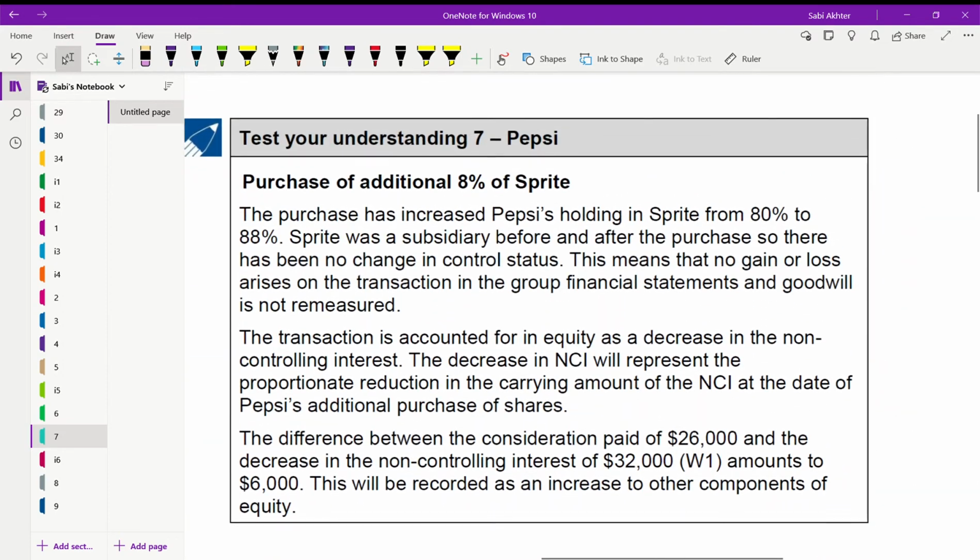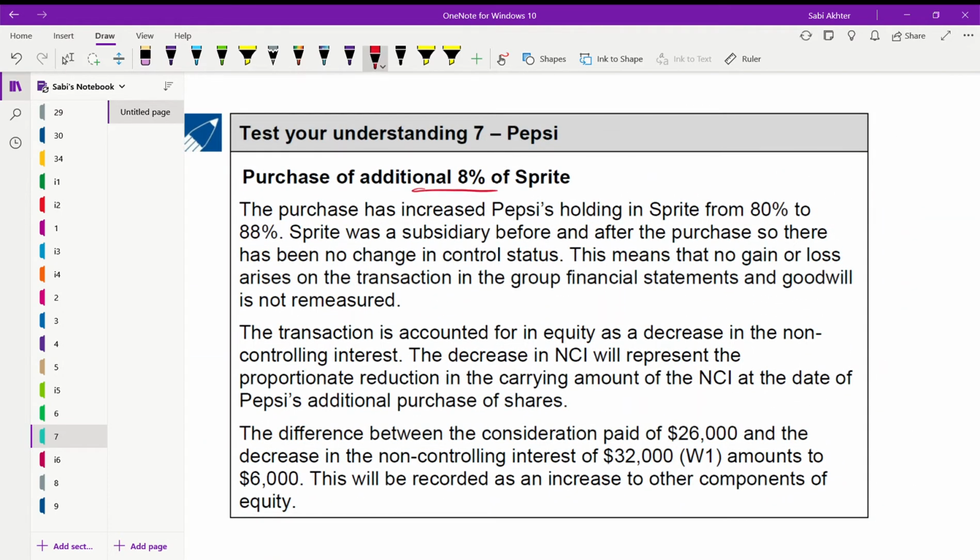First, it is the purchase of additional 8%. So when you're purchasing additional 8%, it became from 80 to 88. Still, it's a subsidiary. There is no change in control status. That means no gain or loss. And goodwill is also not remeasured.